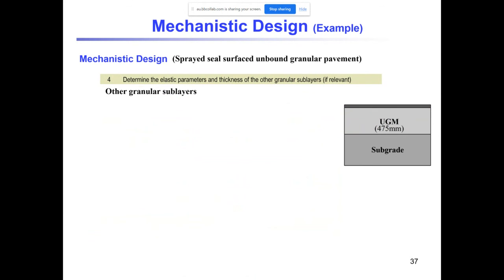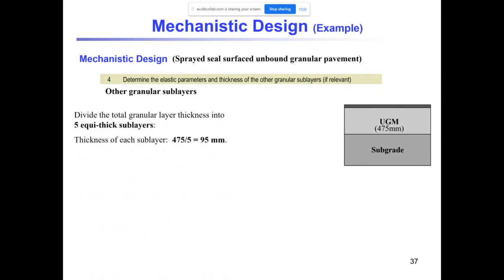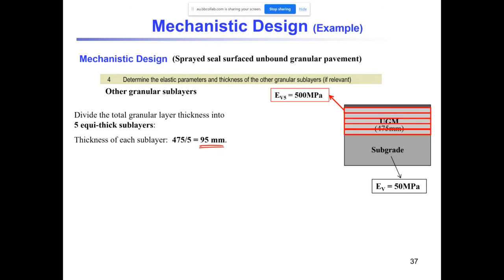So now we want to determine the Young modulus and material parameters for different layers. We divide it into 5. So we will have 5 sublayers with 95 millimeter thickness. The Young modulus of the subgrade is 50.